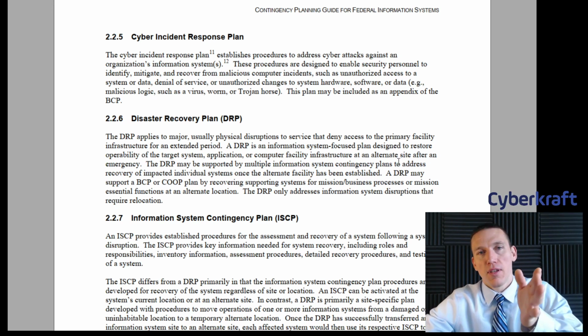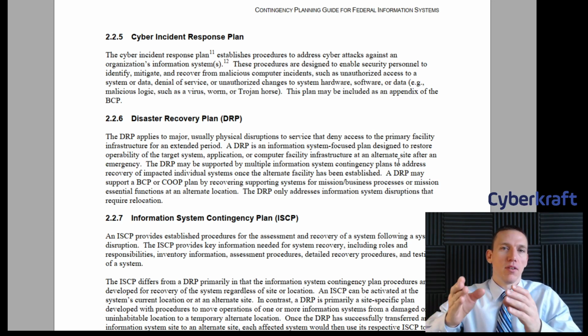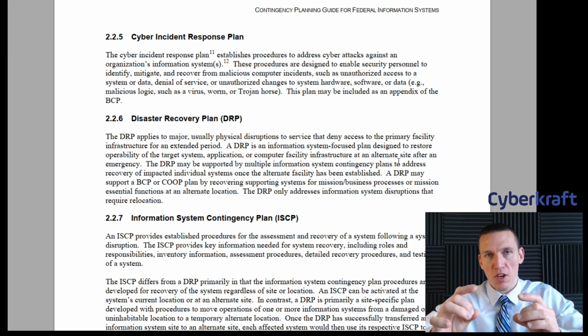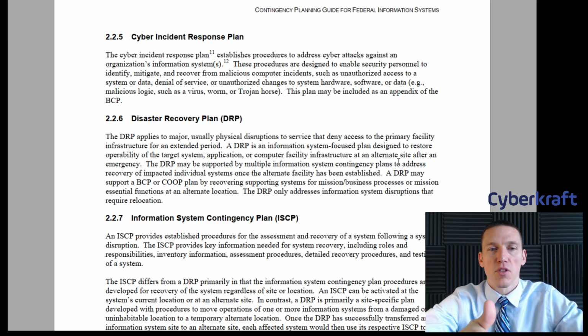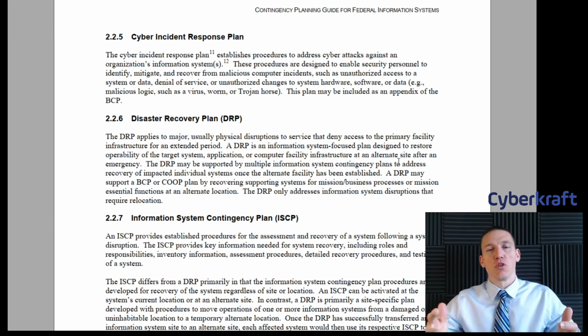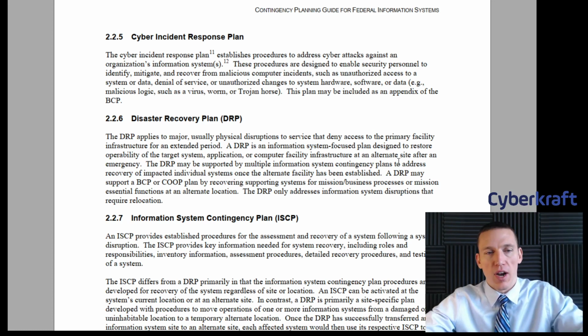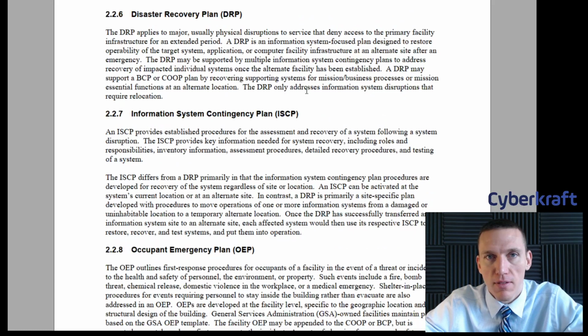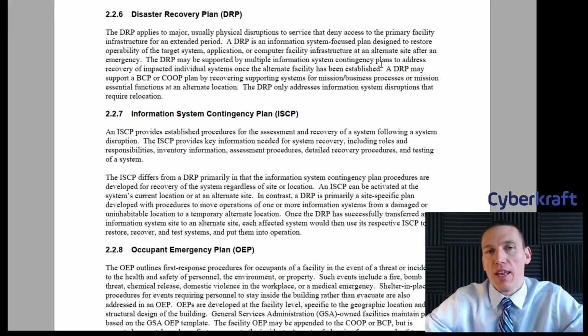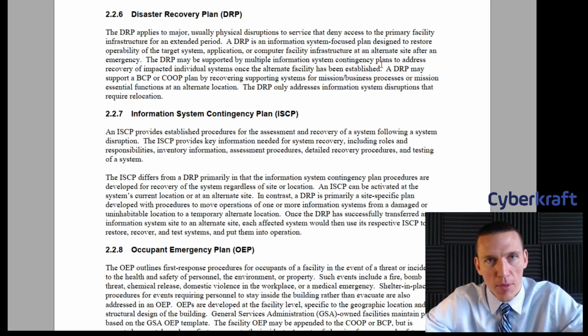And this is a U.S. federal government document, so the focus is going to be on U.S. federal government systems. So it's explaining in general terms what types of plans would be available with the U.S. federal government. Okay, but it's still a good guide, if you will. Disaster recovery plan, this is most likely natural disasters, things that cause physical damage or disruptions.